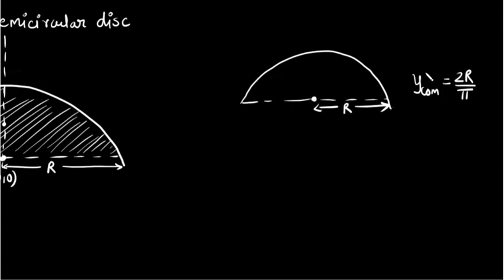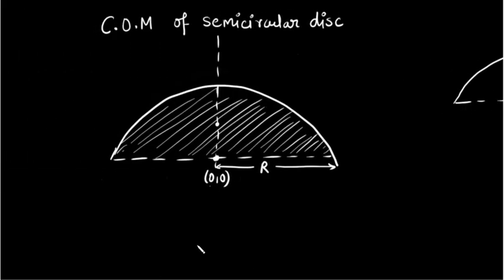This is the important information that will be useful for us. So at the back of the mind, you should know that for a semicircular wire of radius r, the YCOM is 2r by pi, the location of the center of mass from the bottom.